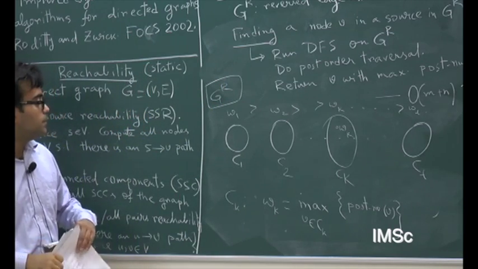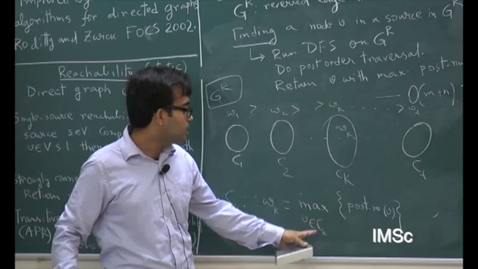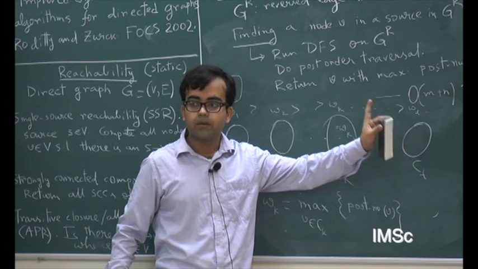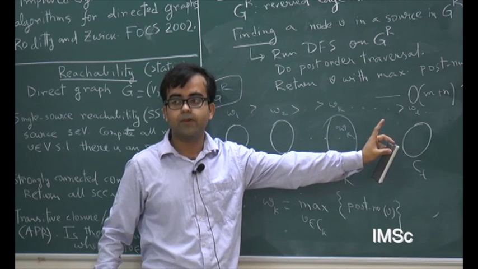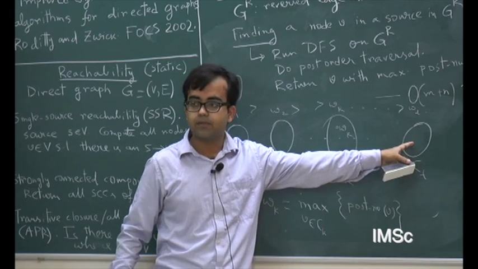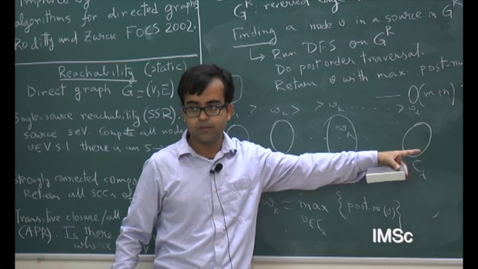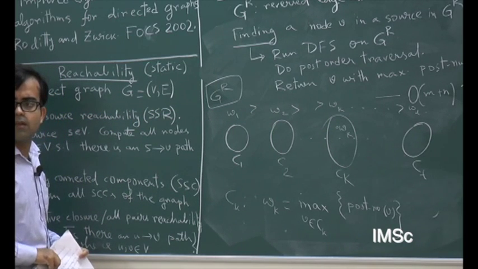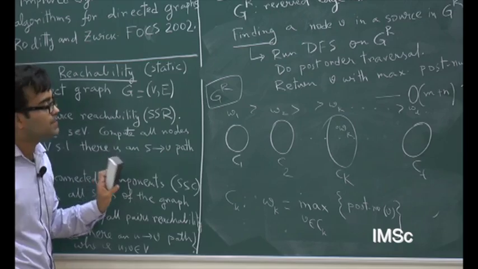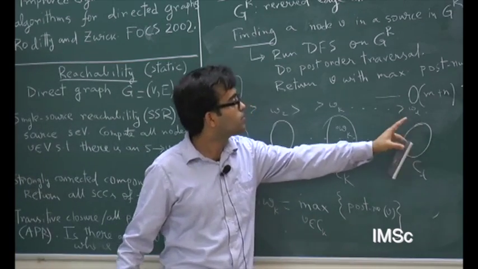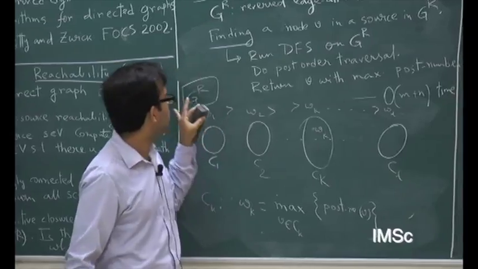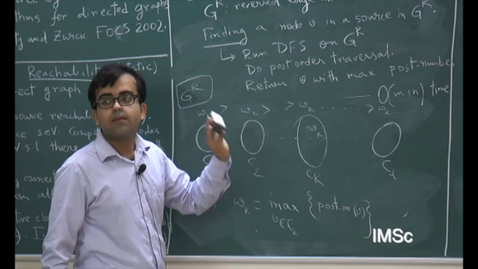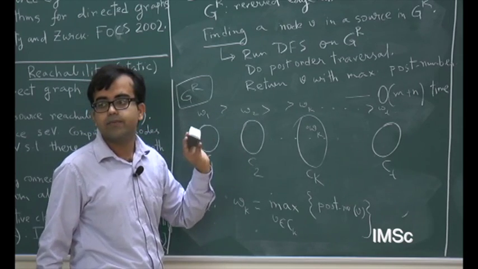So why is this? Because suppose your source node, where you started the DFS from. That is your source. Yes, suppose your source node was here. Sorry, I'm not talking about the source node as in here. I mean, okay, this is the GR graph. Fine. The first node which we started. Yes. The first node where we start the DFS from.